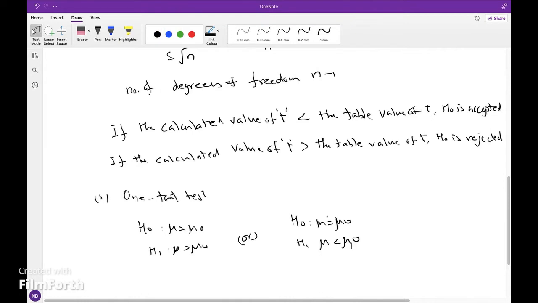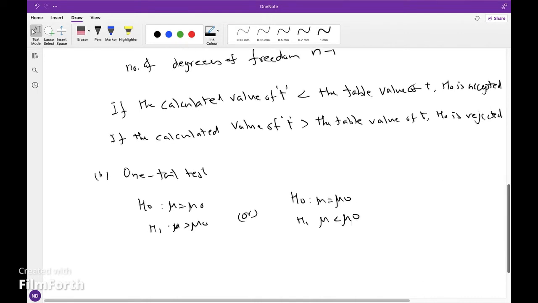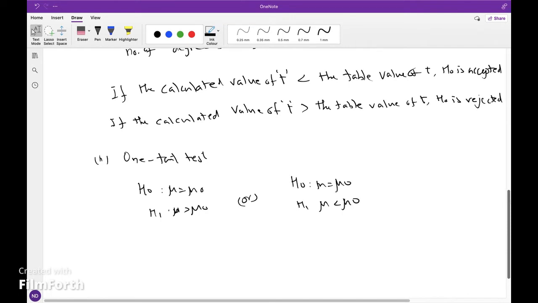However, in this case, the table value of t for a given significance level alpha, 5% or 1% level of significance, the conclusion is drawn on the same line as in case 1.